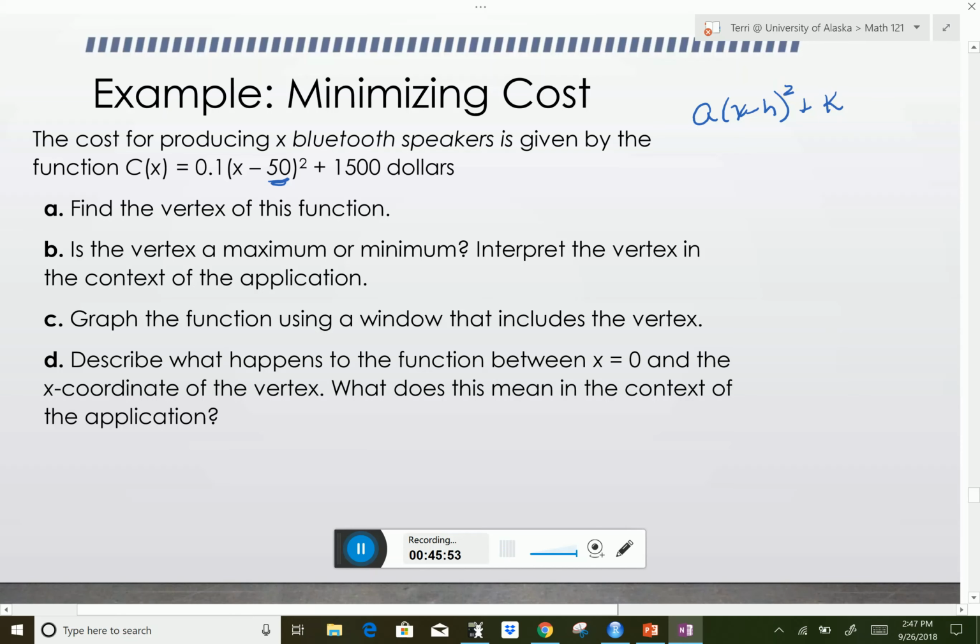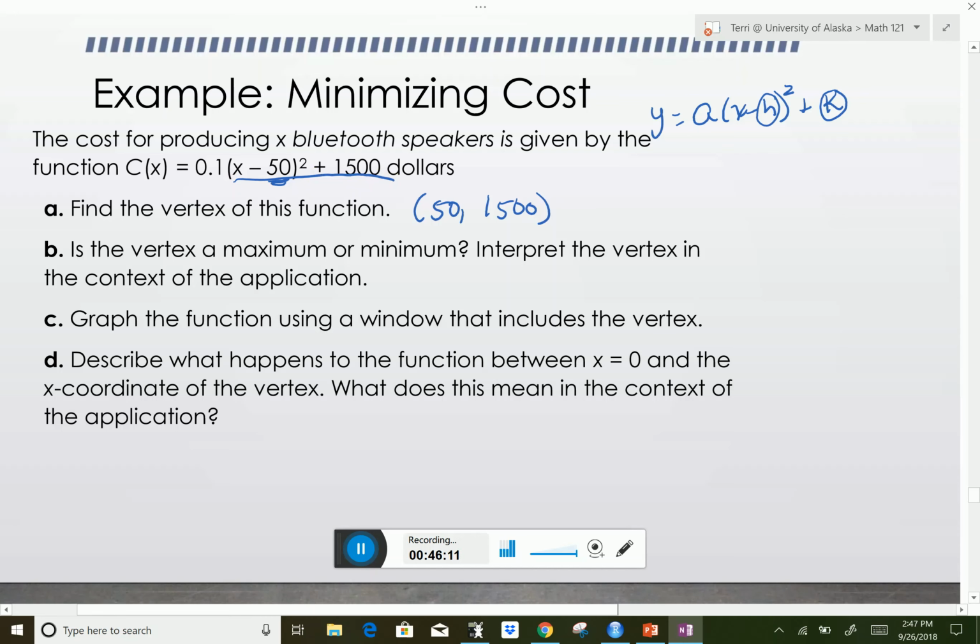So this is our format that we're in. Remember, the vertex is (h, k). So the vertex of this function is (50, 1,500). That's it. I'm done. I don't have to figure anything out. I just look at it and go, that's the vertex.